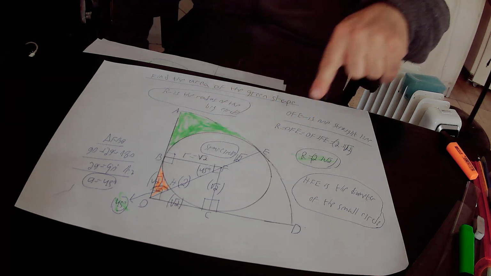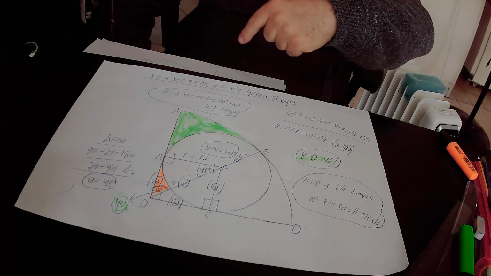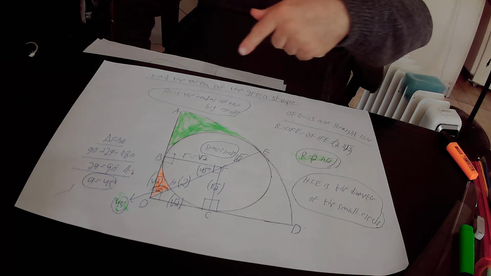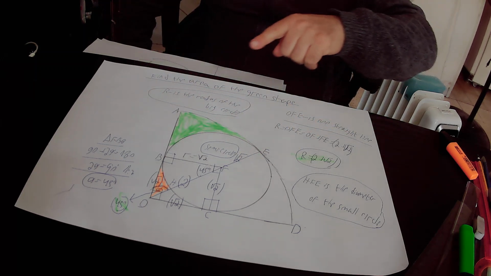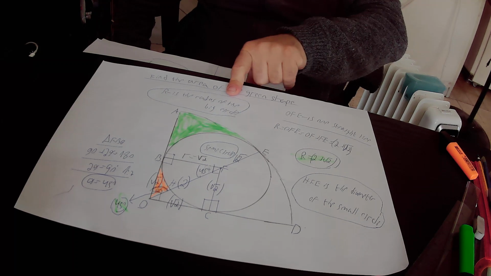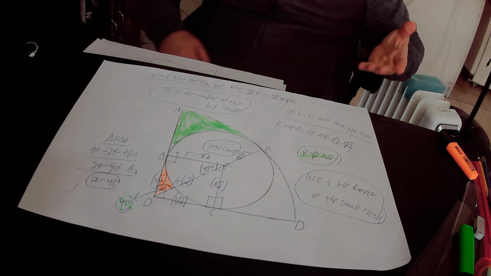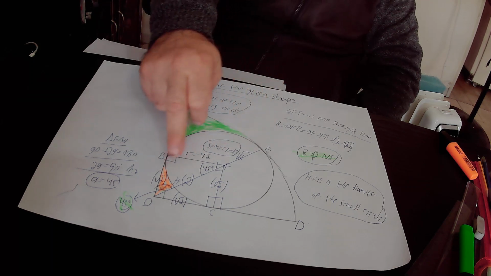Therefore, OFE is the radius of the quarter circle. We define the radius of the quarter circle, that is also the radius of the big circle, as capital R. So, capital R equals OFE.